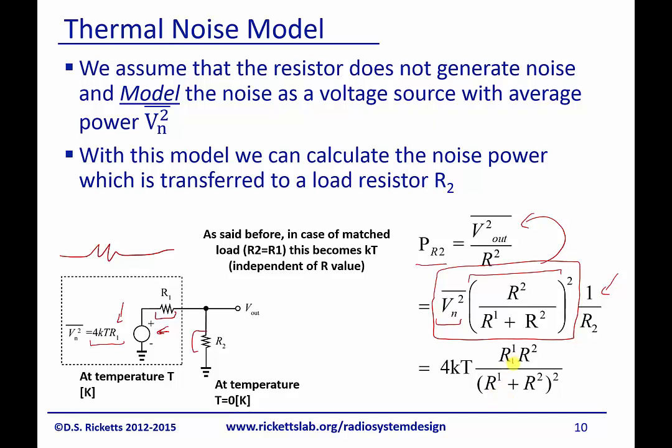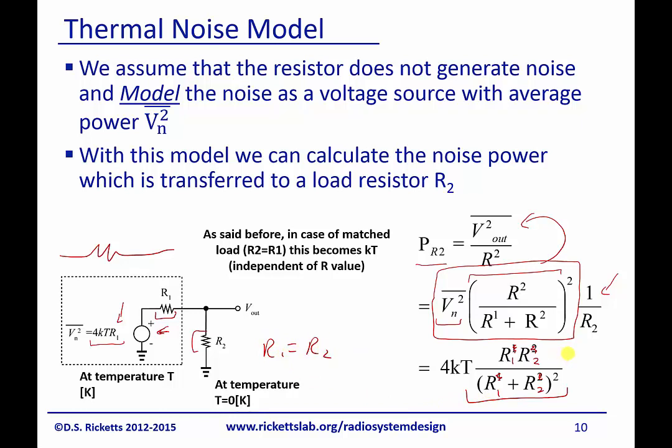sorry about this, this should be R1, R2, R1, R2. There we go. If you look at this quantity here, you're going to figure out really quick that it's just going to give us 1/2, because R1 is equal to R2.